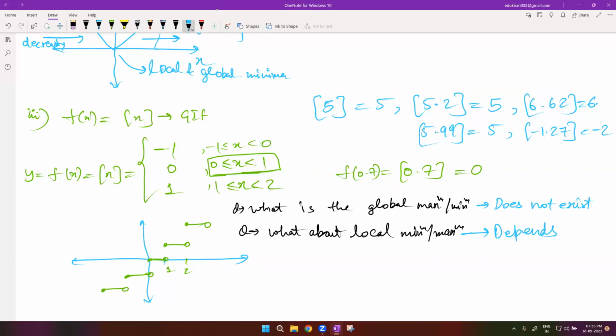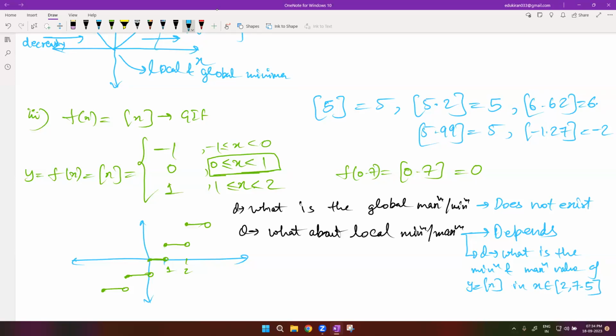Depends on what your question is. So let's say the question is this: what is the minimum and maximum value of y equals the greatest integer function of x, for x belonging to 2 to 7.5.